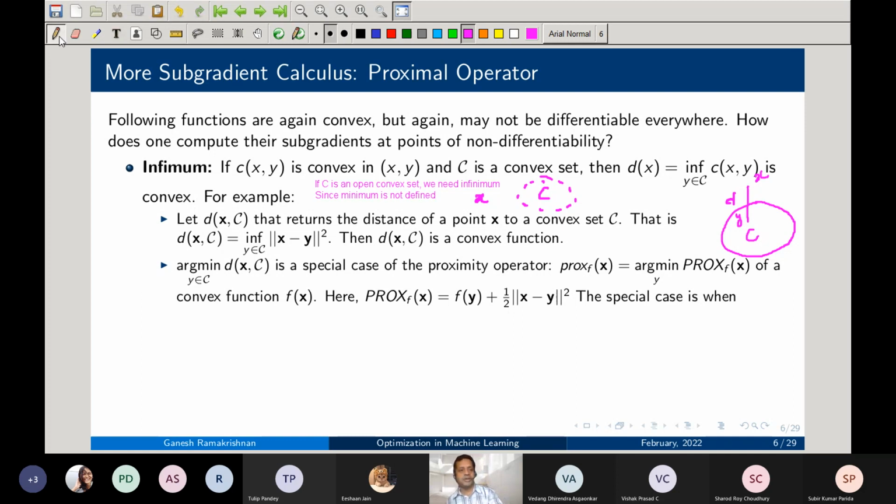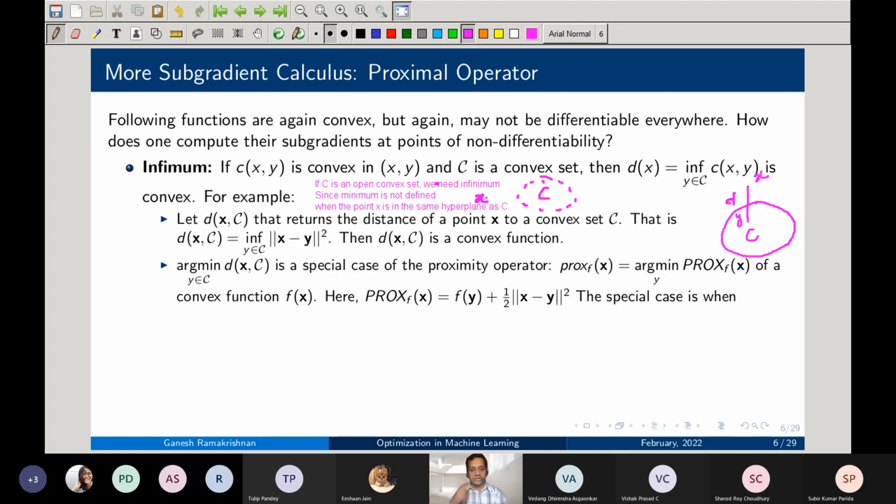So this is minimum is not defined, especially when the point X is in the same plane, hyperplane as C. Okay, very good point here. So this justifies the use of infimum.